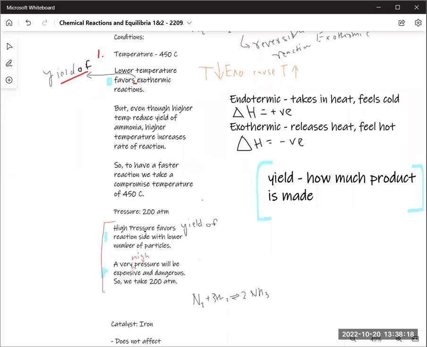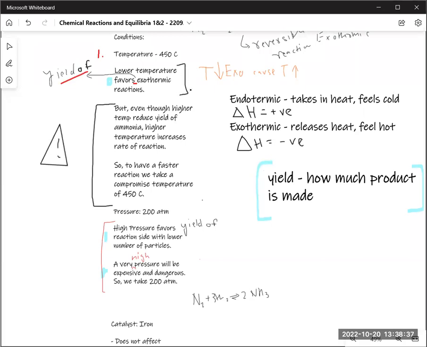Higher temperature reduces the yield, but however, it does increase the rate of reaction. So we take it as a compromise. But when writing, you have to write all the things, especially the second paragraph and the third paragraph. This is key. But sometimes they'll only ask for this, so you'll have to look at the question.